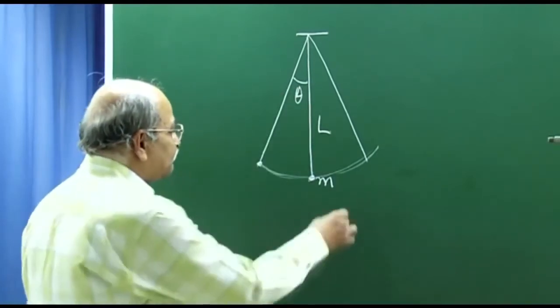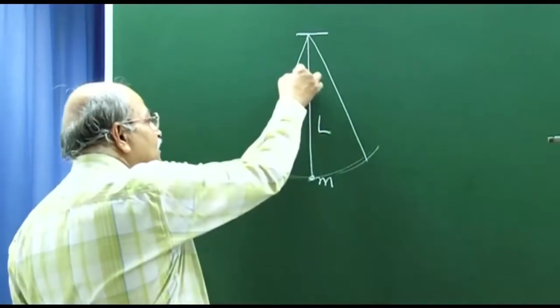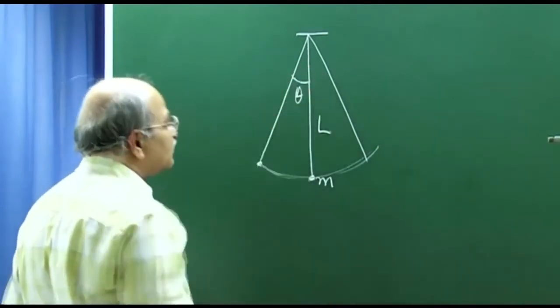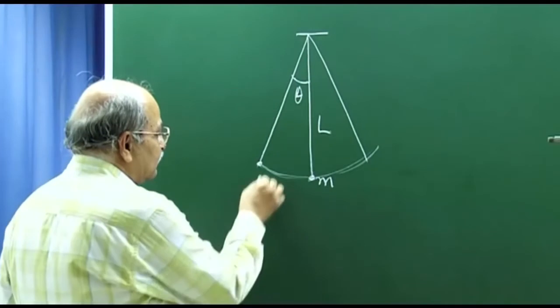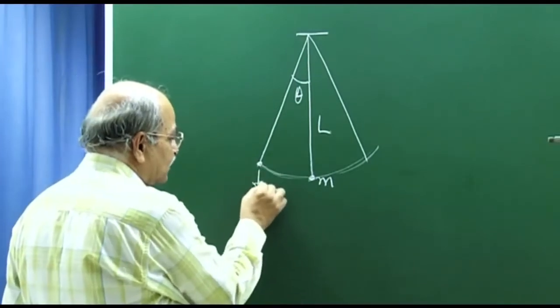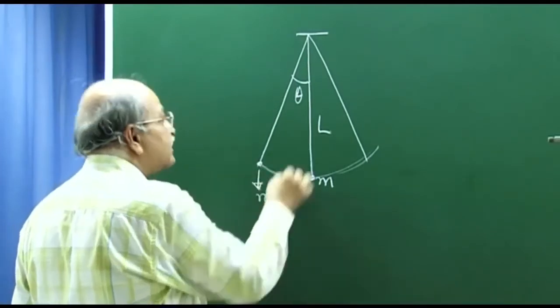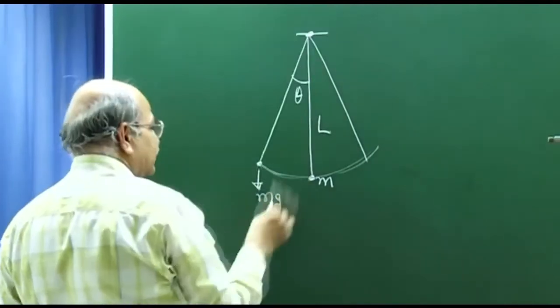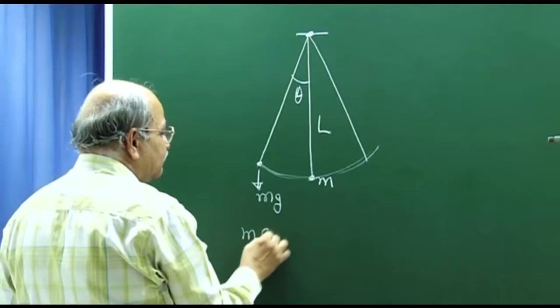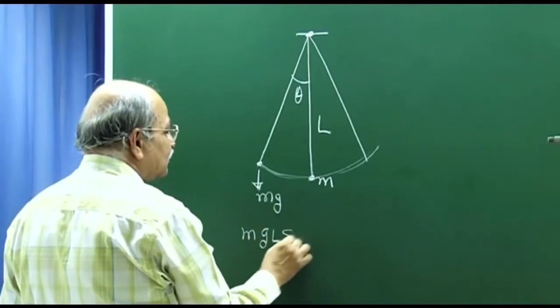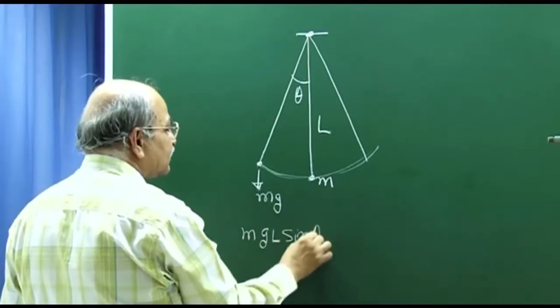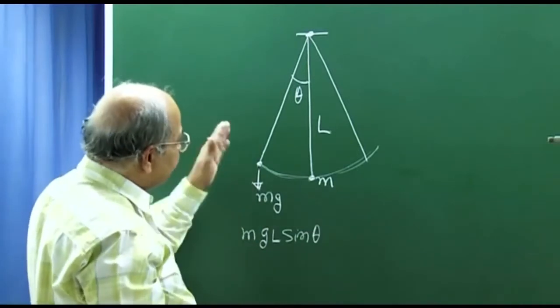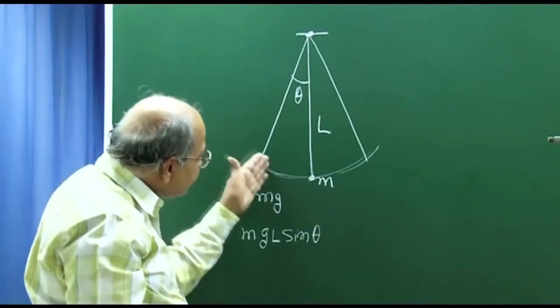If you take angular position as your variable, then you have force mg, and here is the axis of rotation. You take torque about that, and that will be mg into L into sin theta. That is the torque of this mg, and it will try to decrease this theta.